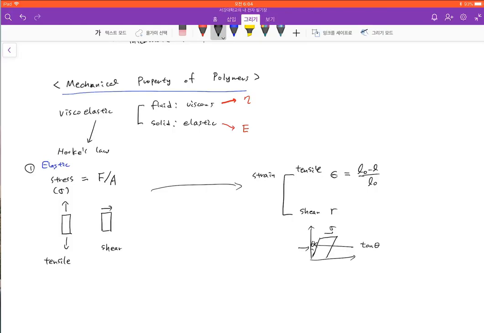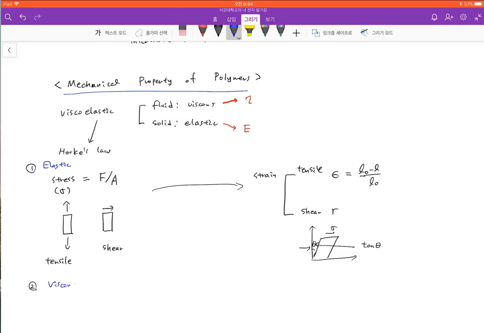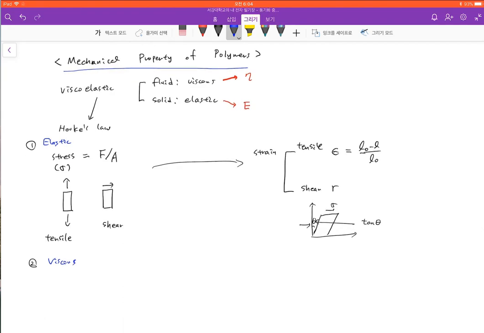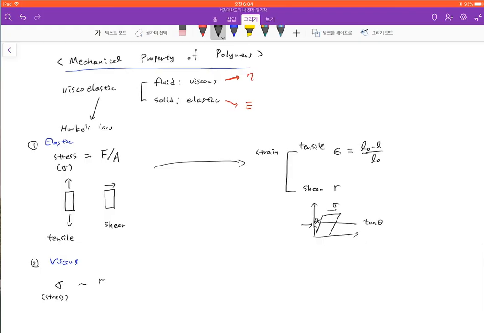So this is about the elastic behavior. How about viscous behavior? Viscous behavior of the fluid can be determined by viscosity. And it is known that if you apply a certain stress, the viscous property is related to the rate of strain, not strain itself.